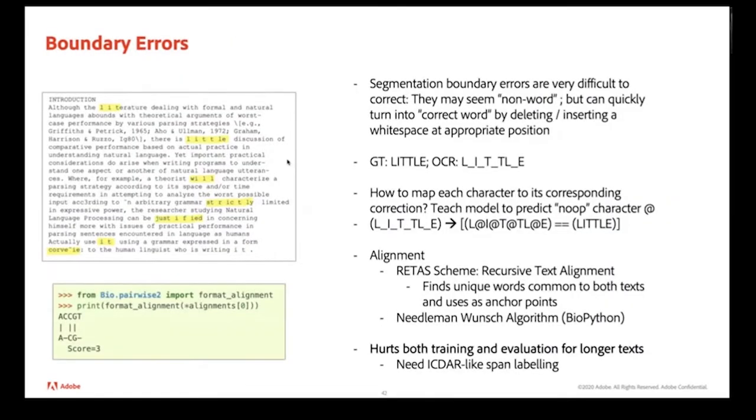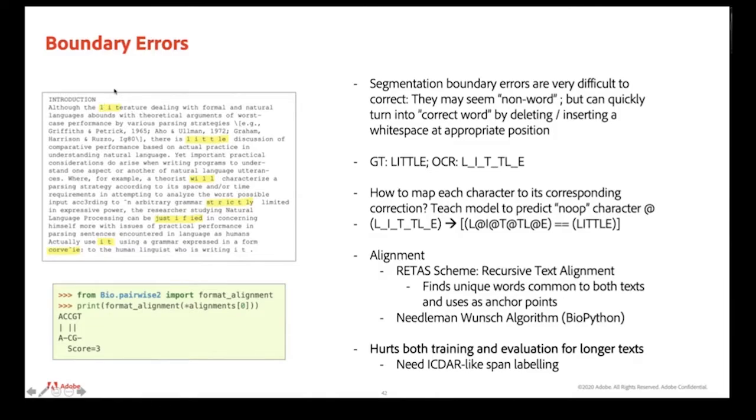So the third one is boundary errors. Now, as I mentioned, these are the trickiest of the errors to actually solve, despite all these alignments. And this is where I'm talking about the alignments that Natwar mentioned. For example, here in this OCR text, when you have L space I space T, where do you map this L, or where do you map I in ground truth is not clear.